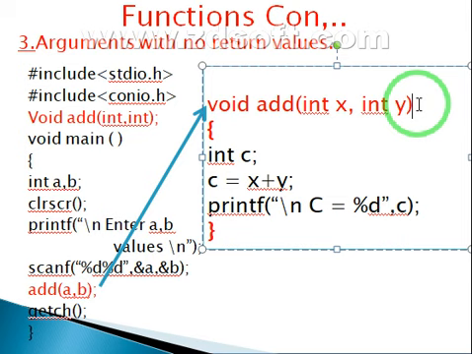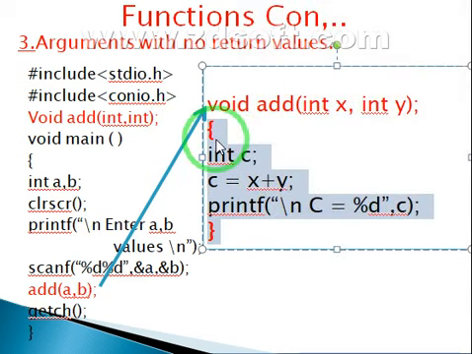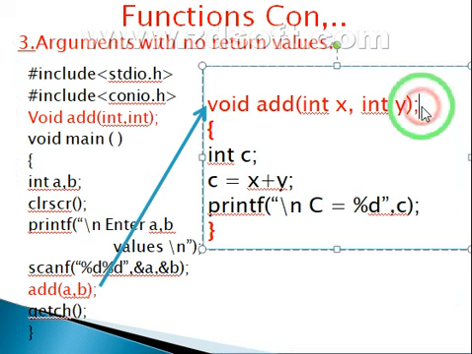So if I put a semicolon here, this open and close braces is not considered for execution, because void add(integer x, integer y); with a semicolon means this particular line ends here. So that's why we are not giving the semicolon here.